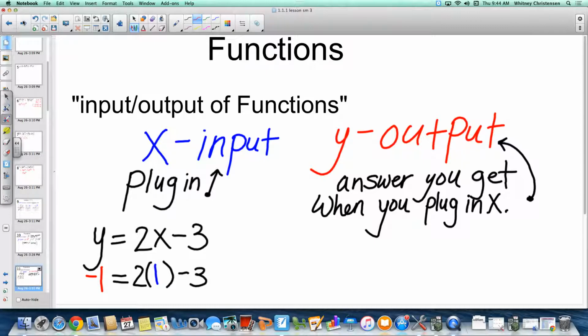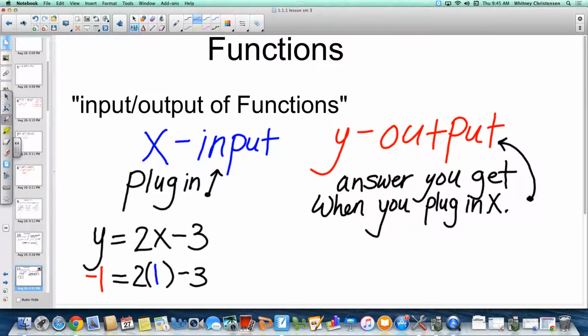That's what you plug into the function to get the output, which will give you y. So y is our output, and that's the answer that you get once you plug in a number for x. So once again, the x of our functions is the input, the y of our functions is the output. Does everybody understand? X is input, y is output. In, out, okay? Any questions on that?